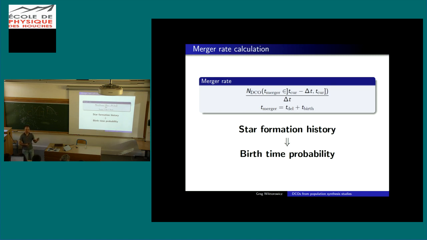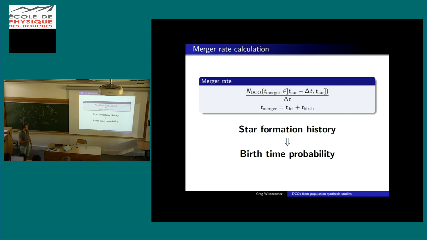If we put it too small, we may get as current a merger rate as possible, but on the other hand we have a very high numerical and statistical noise. When we put it too large, we just obtain the average merger rate for this large time. So we need to find some golden mean between these two extremes.